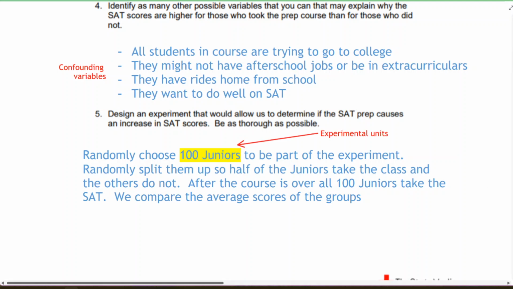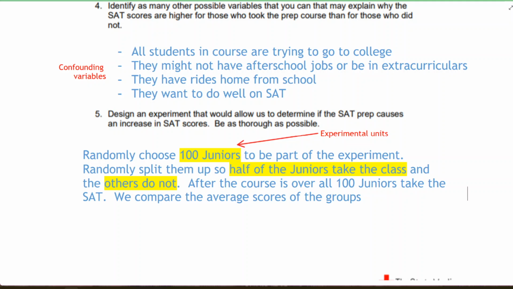The 100 juniors in our experiment, those are the experimental units. Because they're human beings, we can also call those experimental units subjects, but either one of those vocabulary words applies when we have a human experimental unit. Notice that we had half the juniors take the class and the other half did not.